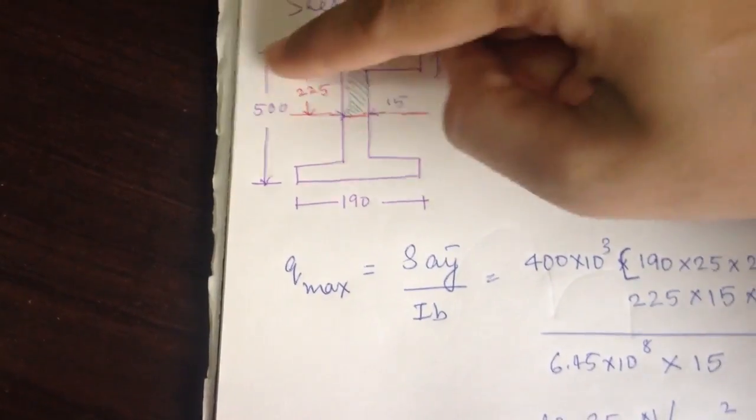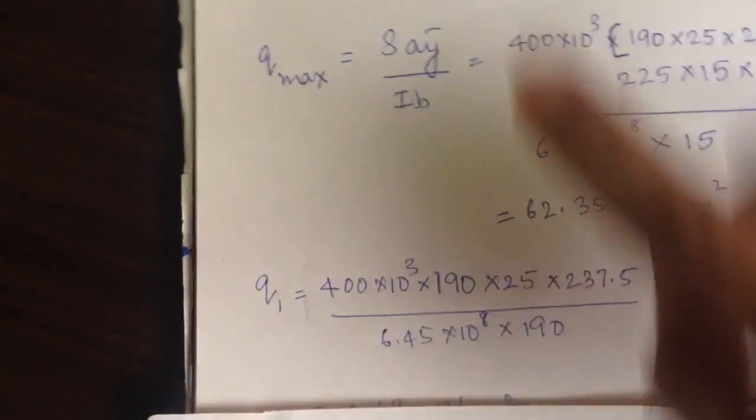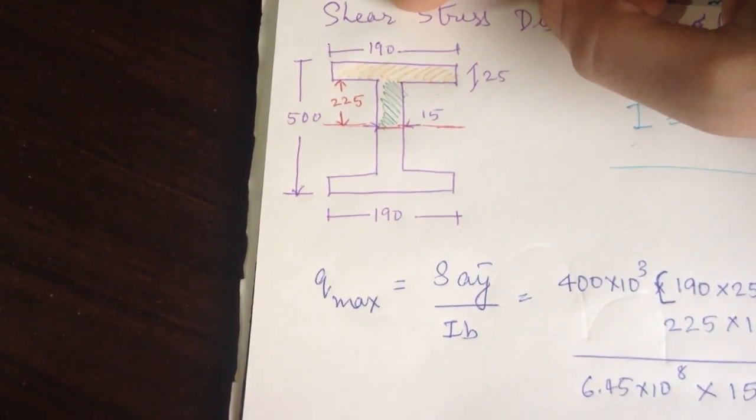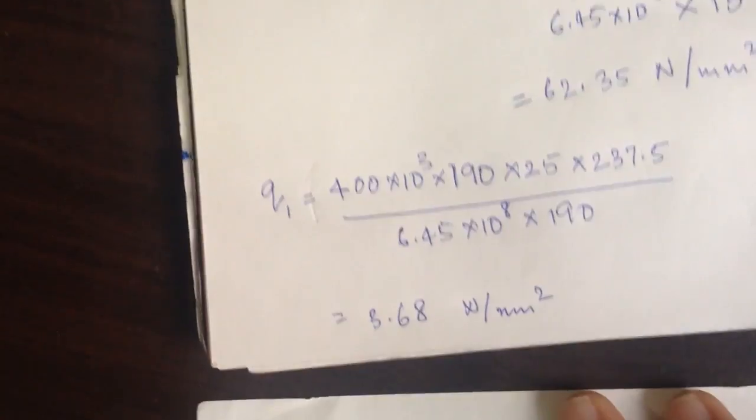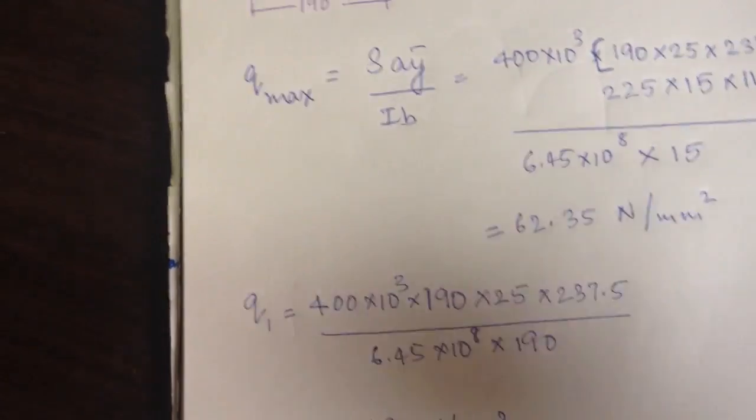So that is this area here. That gives us 237.5 divided by I into B. B happens to be 190 here. So solving that gives us 3.68 Newton per mm square.